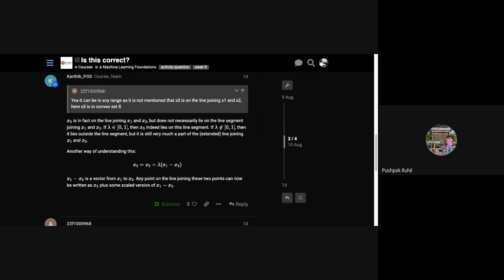We have some points which belong to some convex set. So let's say we took 4 points in the question as well. We took 4 points, right? So that convex hull would be a combination of these points.